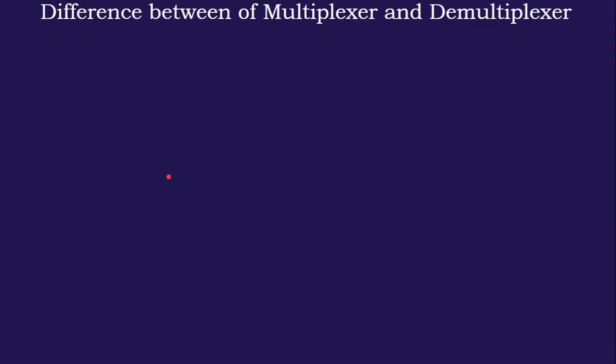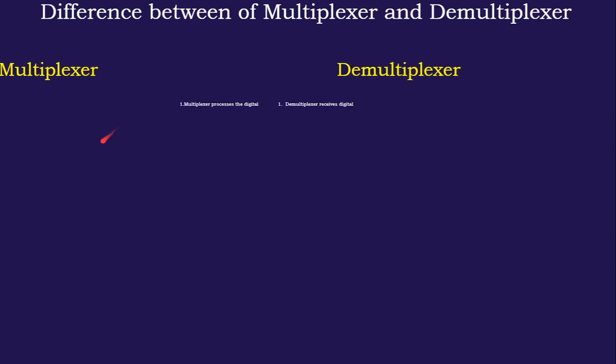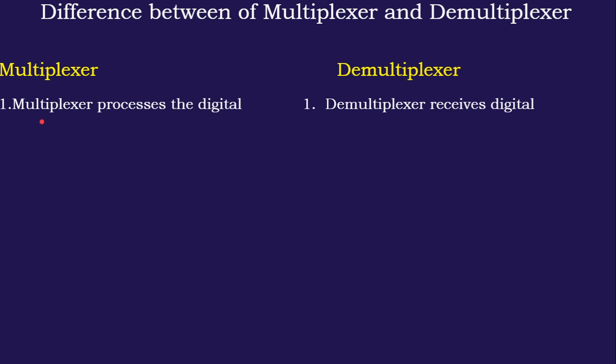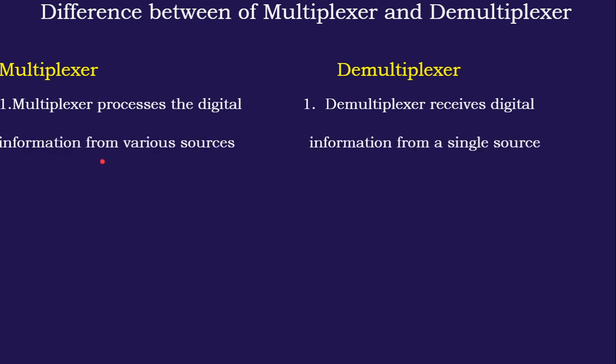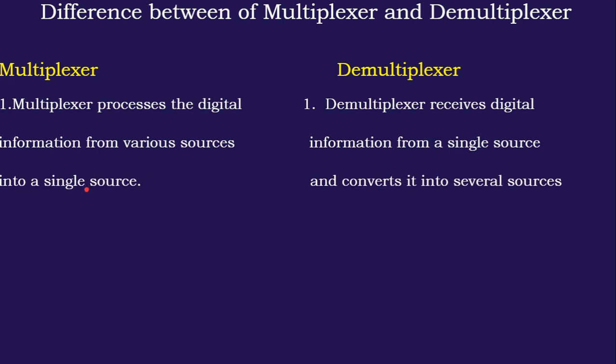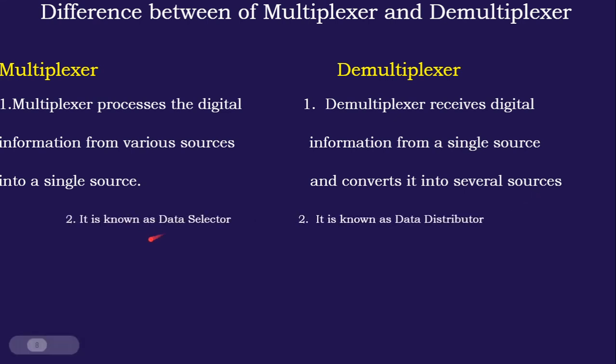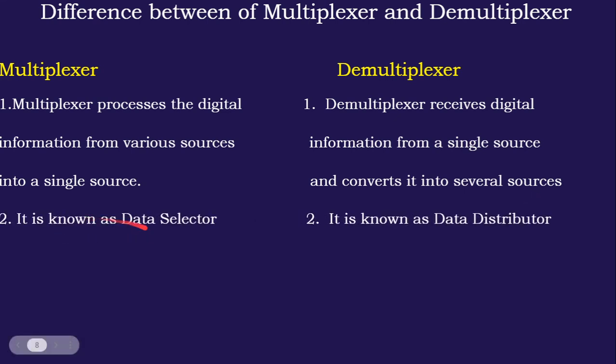And let us see the difference between multiplexer and demultiplexer. We know that a multiplexer processes the digital data from various sources into a single line, and a demultiplexer from a single source to several output sources. A multiplexer is a data selector because it selects one from many, and a demultiplexer is a data distributor because one data is passed to many lines.